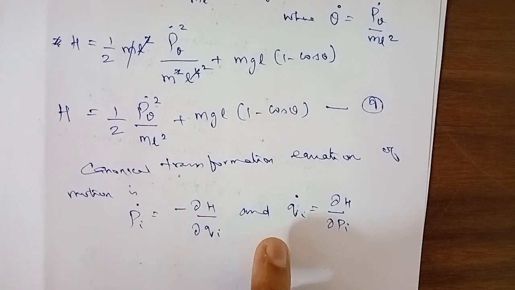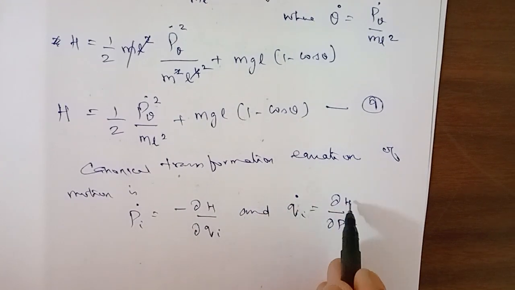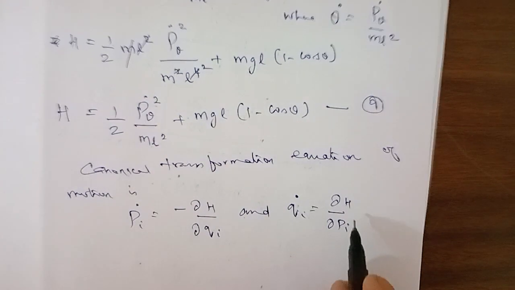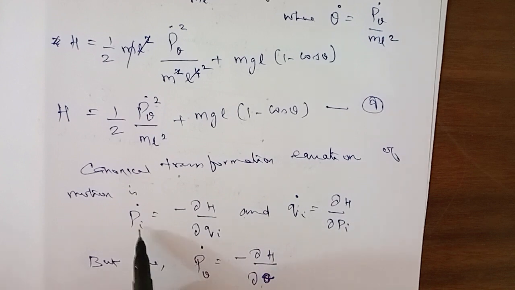You can verify it; the same values we have taken here. But here in the simple pendulum, P theta dot is equal to minus dou H by dou theta, because the generalized coordinate Qi here is theta. Therefore, substituting this value, P theta dot is equal to minus dou H by dou theta.